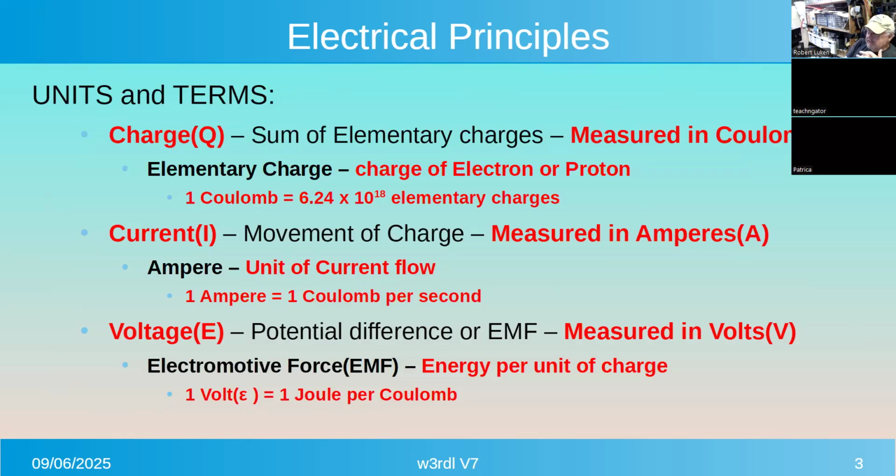An elementary charge is the amount of charge that's on an electron or a proton. They're equal and opposite. So in a typical atom, the charges on the electrons and protons, because there's equal numbers, cancel out. So an atom is neutral.